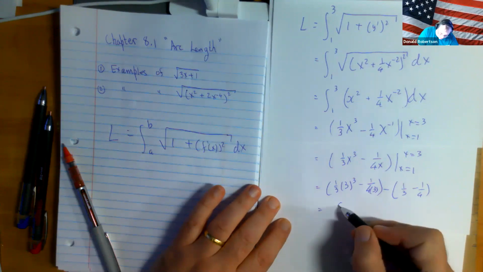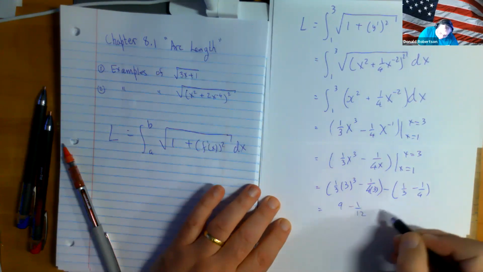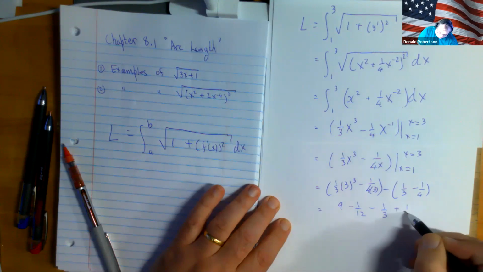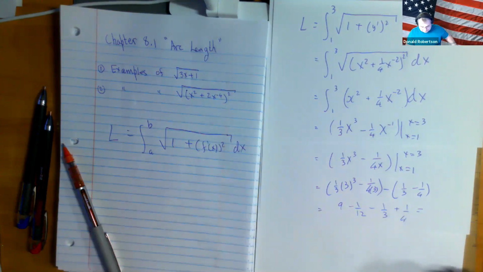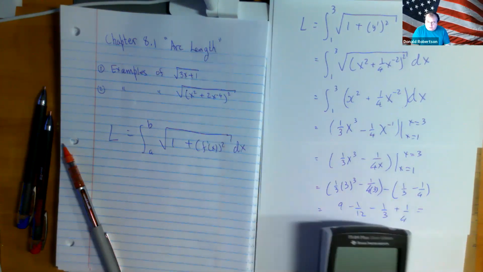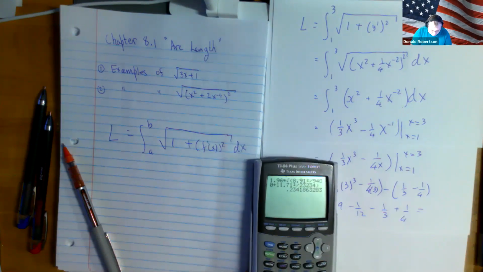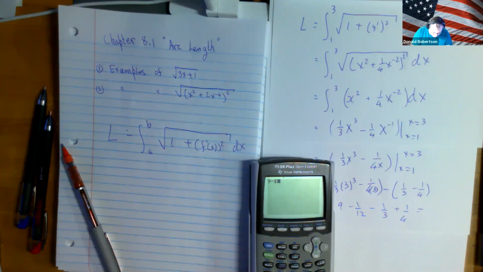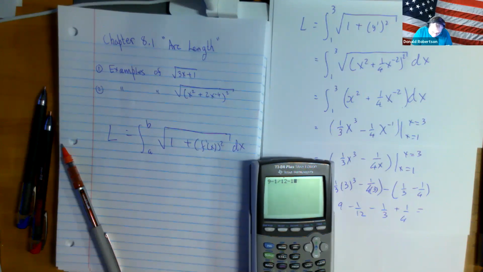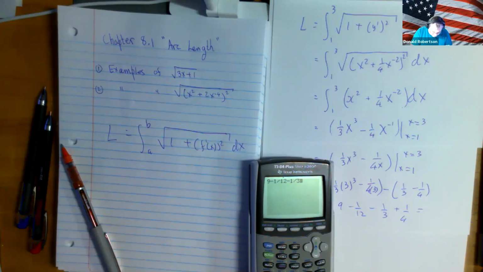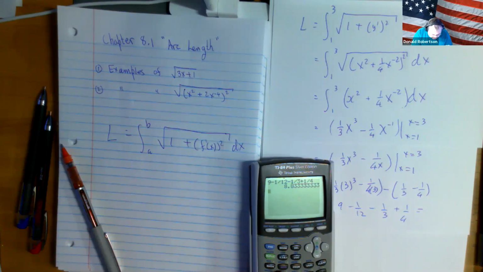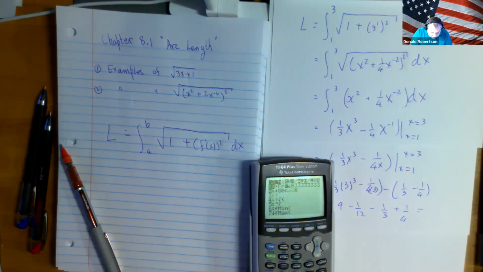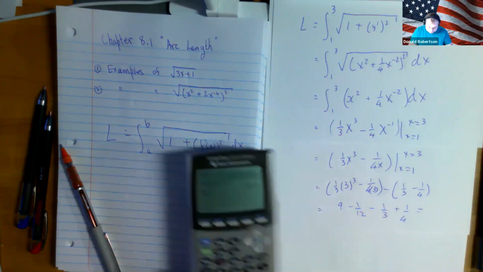That's 9, take away 1/12, take away 1/3, add 1/4. I'm going to get a calculator to do this now. So I've got 9, subtract 1/12, subtract 1/3, add 1/4, and then just go math number 1. And the answer is 56/3.